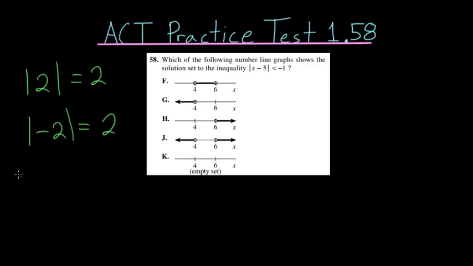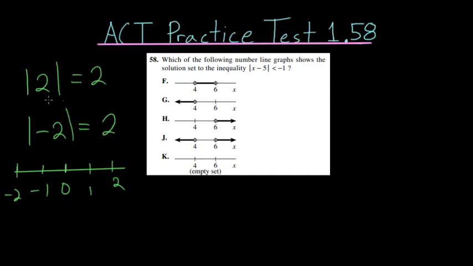One other way you can think about it is on a number line. We'll put 0 here, and 1 and 2, and we'll put in the negatives, -1, -2. You can think about absolute value as the distance that a number is from 0.